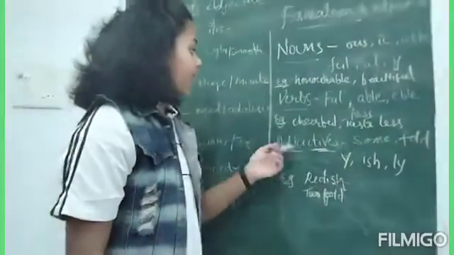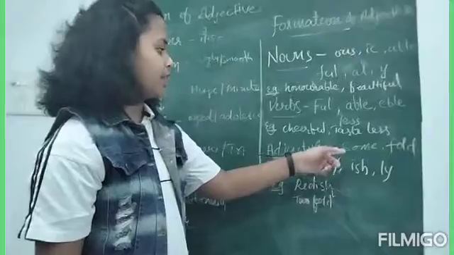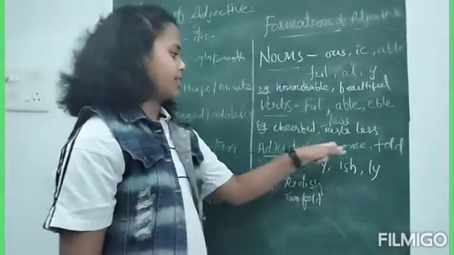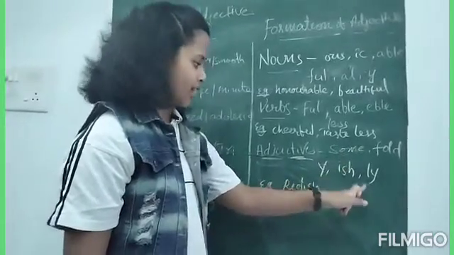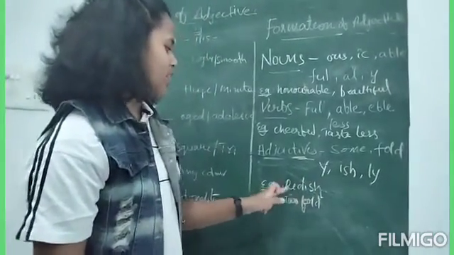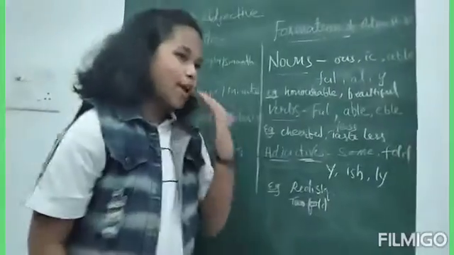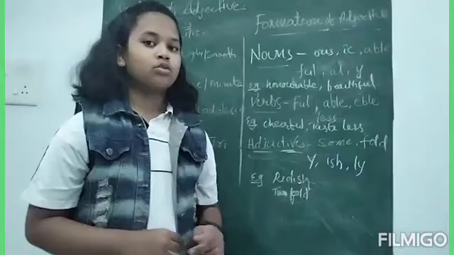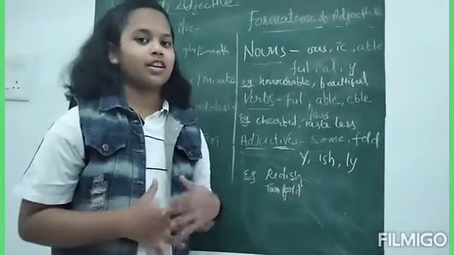We can add suffixes to adjectives to form adjectives, like some, fold, ish and ly. Examples, reddish and twofold. If anything is very red in color, we use reddish, which is very red, not another color, only red.